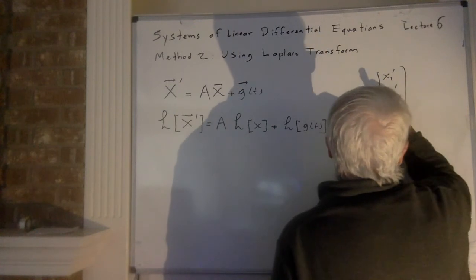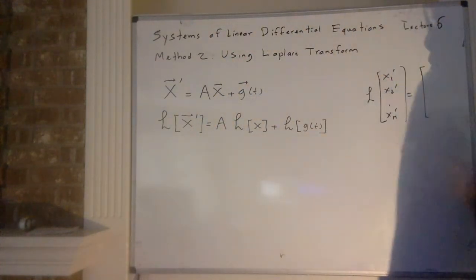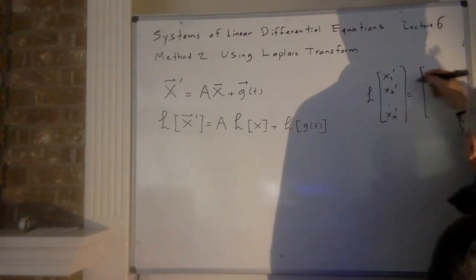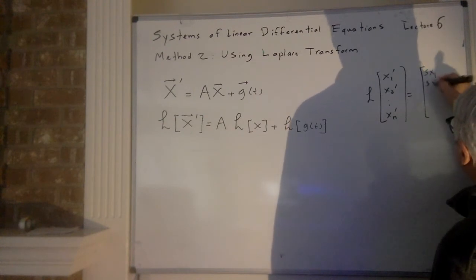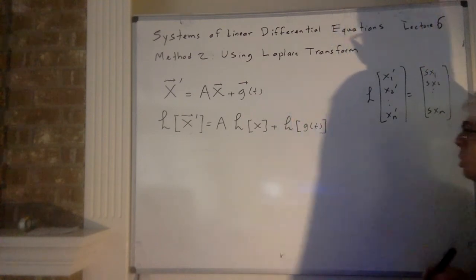If I apply Laplace, it's applied to each one of them. We are integrating each one from 0 to infinity, you know the integral. So this will be s x1, s x2, s xn, assuming that initial conditions are 0.